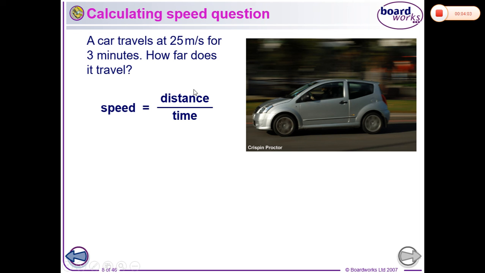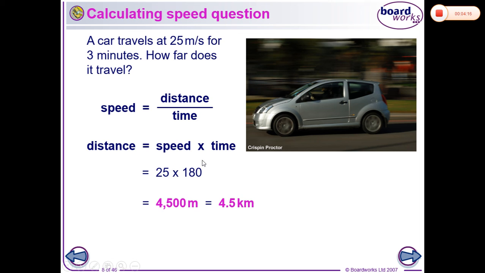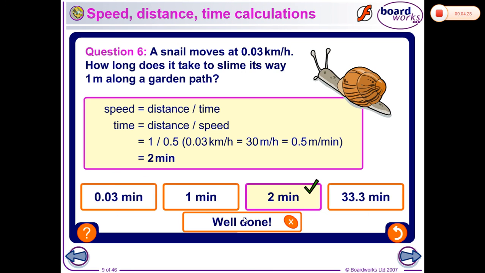Then find the distance. Distance equals speed times the time. So 25 times 180, since 3 times 60 equals 180. So the distance will be 4,500 meters, which equals 4.5 kilometers because 1 kilometer equals 1,000 meters.